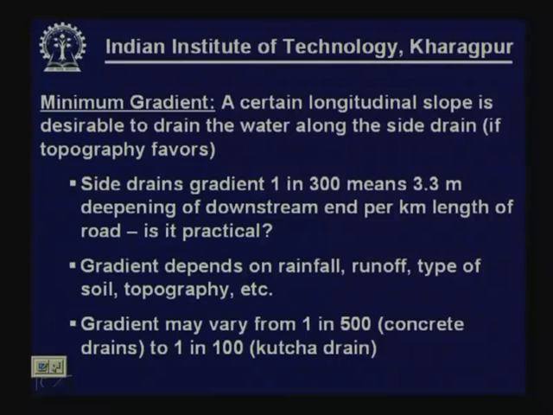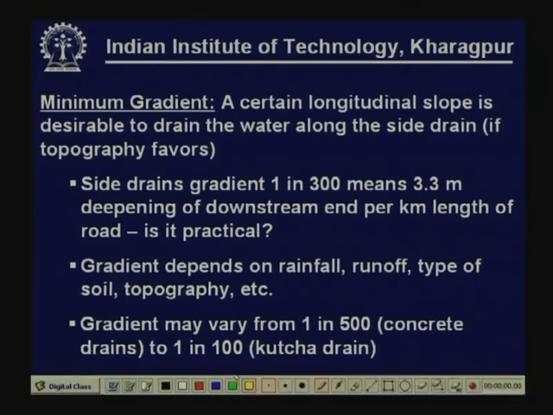Say if we consider even a mild slope, say 1 in 300, then that means for a length of 1 kilometer, we need the downstream to be deeper by 3.3 meter as compared to the upstream.